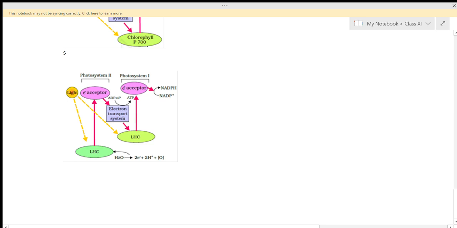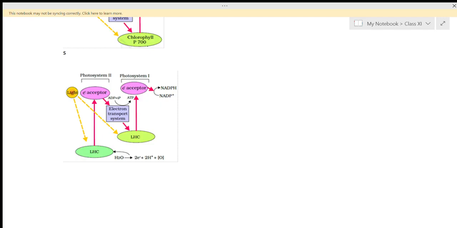Then they are transferred to the electron transport system, then to photosystem 1, which also absorbs sunlight. The electrons become excited, are accepted by the electron acceptor, and then transfer to NADP for changing into NADPH.